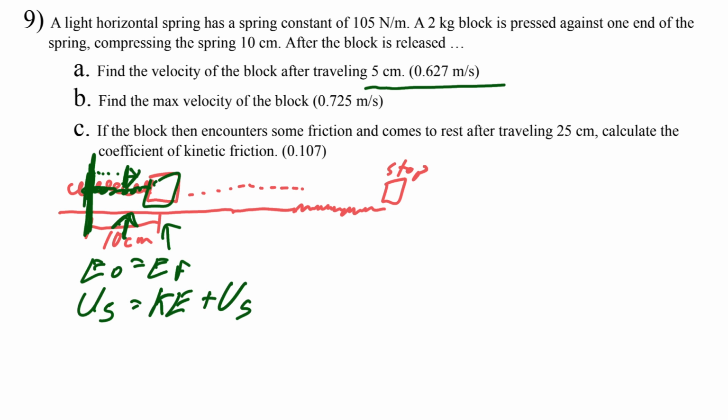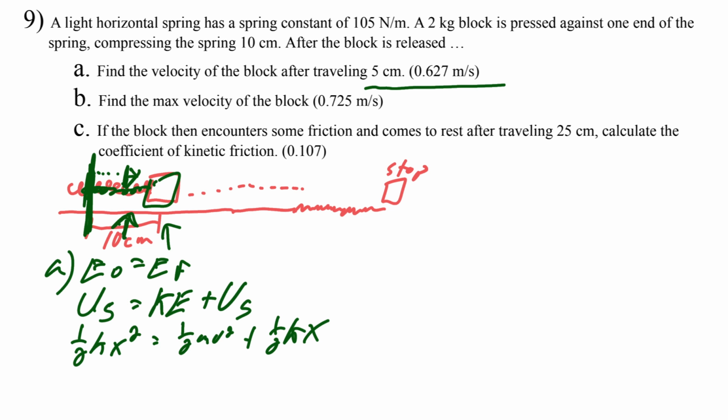So at that point, it has both types of energy. So that's how you want to approach this. So we'll go 1/2 kx squared equals 1/2 mv squared plus 1/2 kx squared.